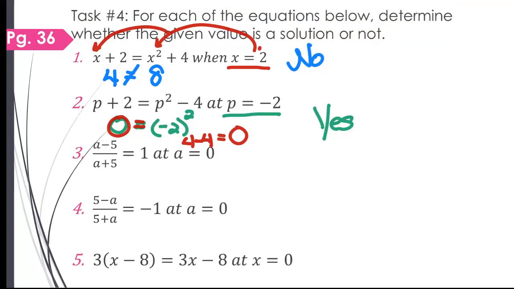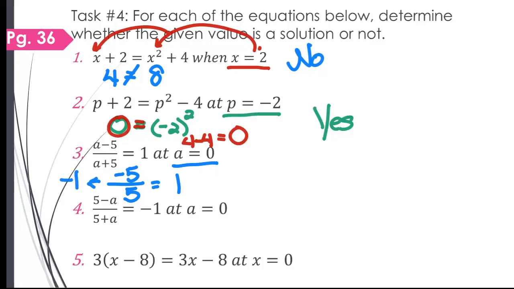All right, how about number 3? When a is equal to 0, I'm going to get negative 5 divided by 5. Is that equal to 1? Survey says yes or no? What's negative 5 divided by 5? Negative 1.